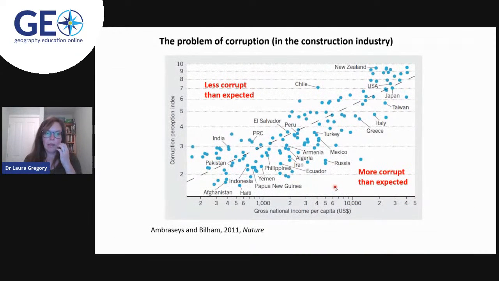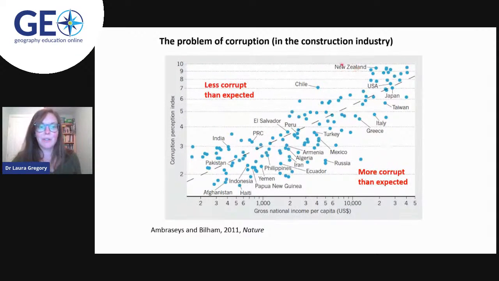And one thing that we sometimes have to think about is corruption. So this was from a really interesting study of a group who tried to come up with a corruption perception index. So the higher you plot on here, the better you are in terms of corruption.